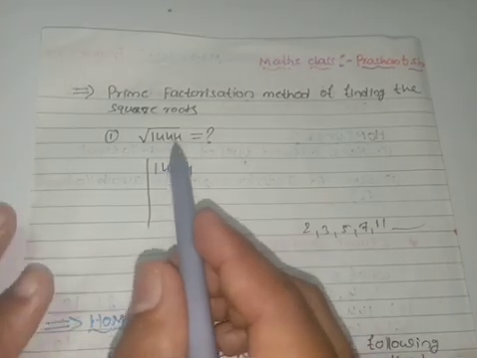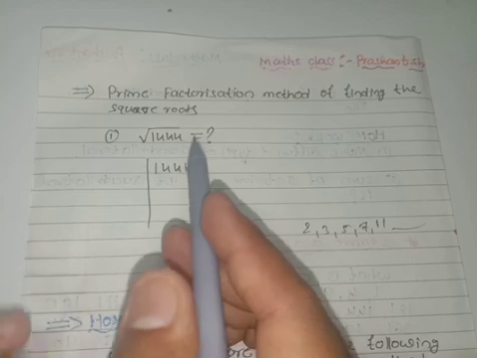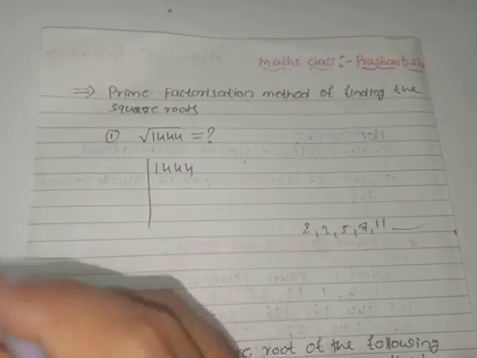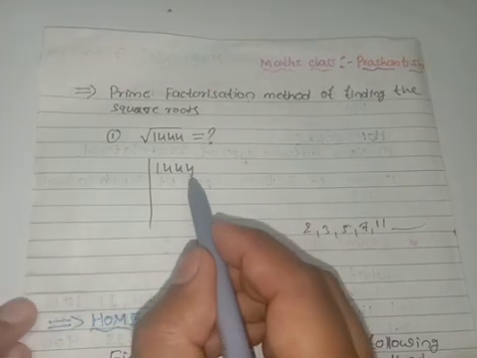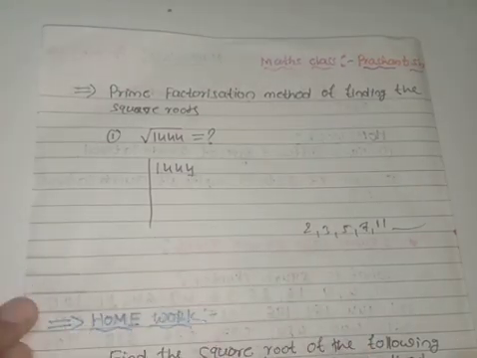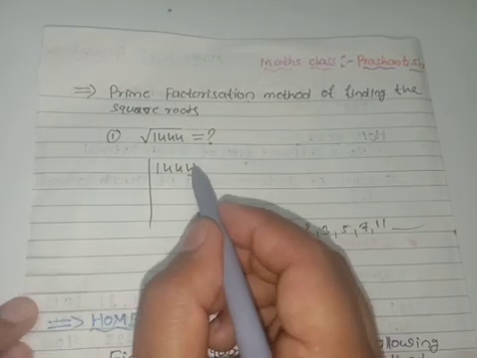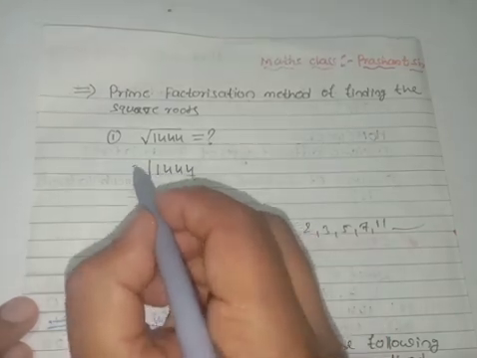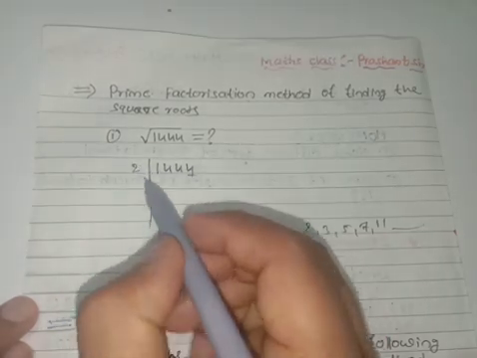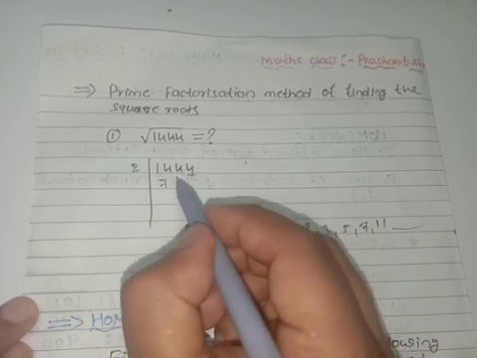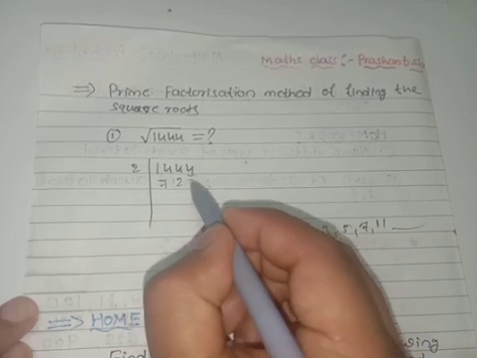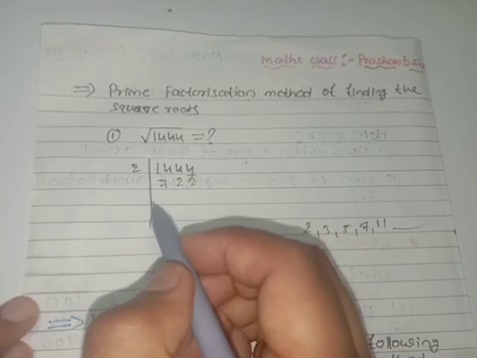And I am giving here one example, that is the square root of 1444, and how we can find it from the prime factorization method. See, the ending number is 4, and an ending number 4 is always divisible by 2. 2 sevens are 14, 2 twos are 4, and 2 twos are 4.